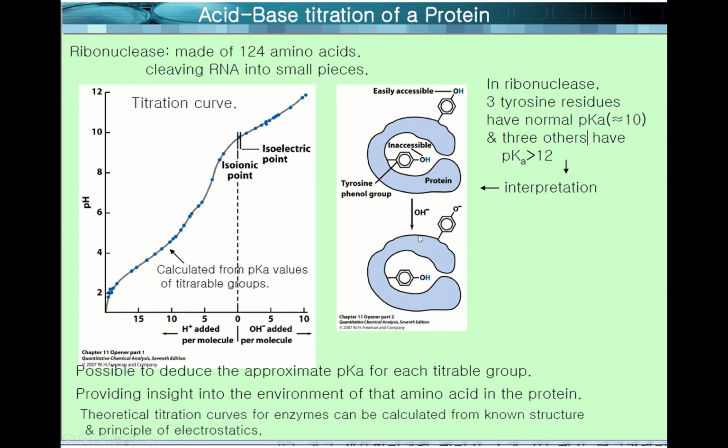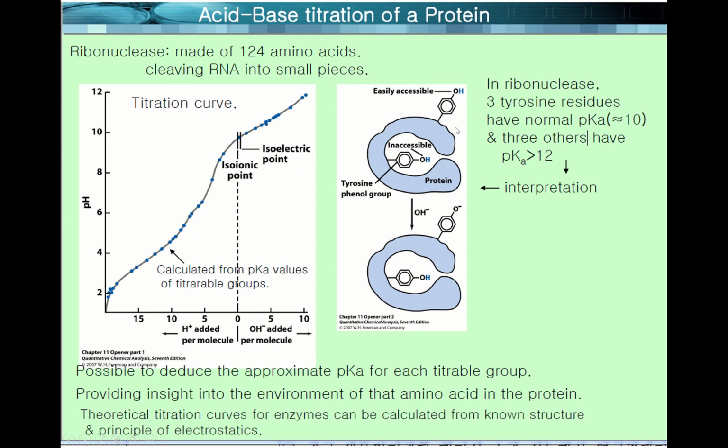And from this curve it is possible to deduce the approximate pKa values for each titrable group, and also this curve provides insight into the environment of that amino acid in the protein. For example, you see this tyrosine.